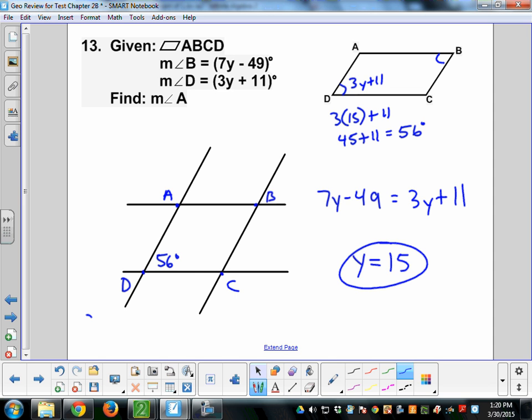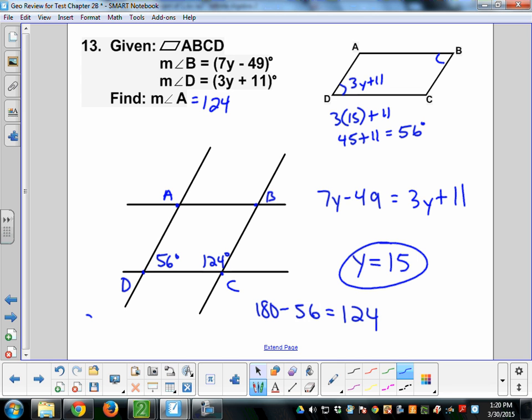So I can do 180 minus the 56 and get 124. So angle A equals 124.